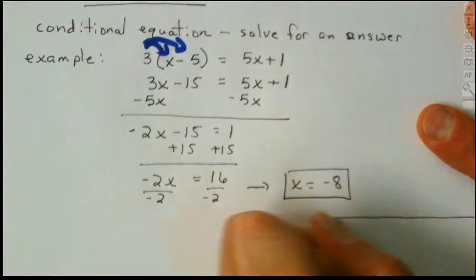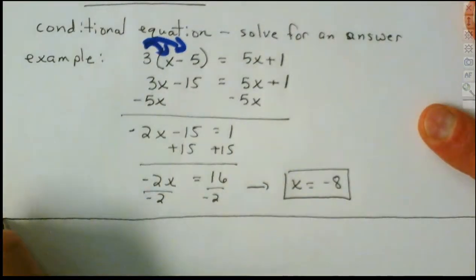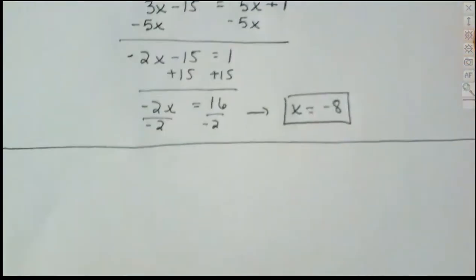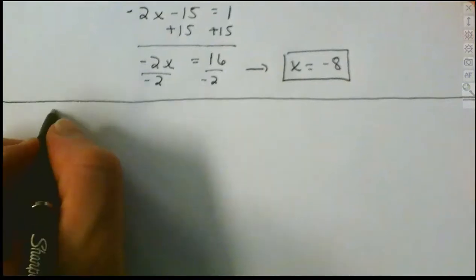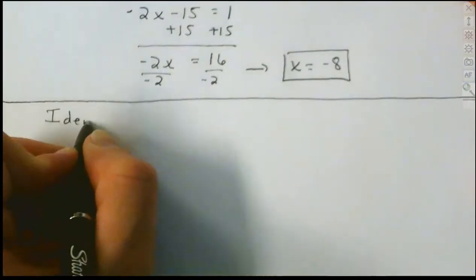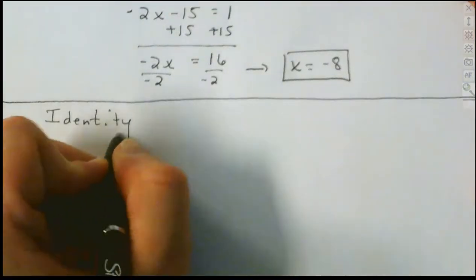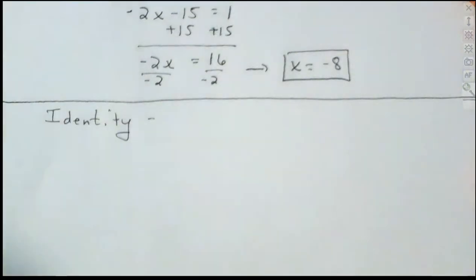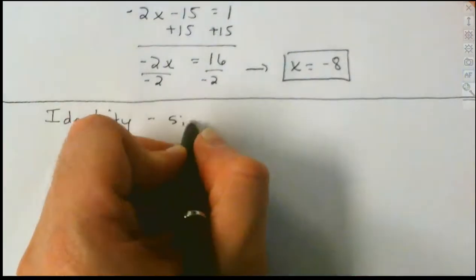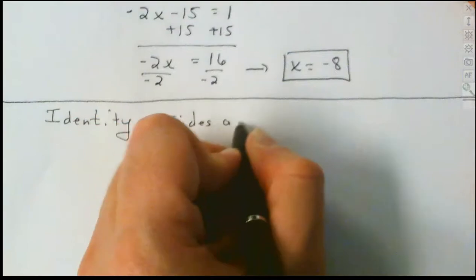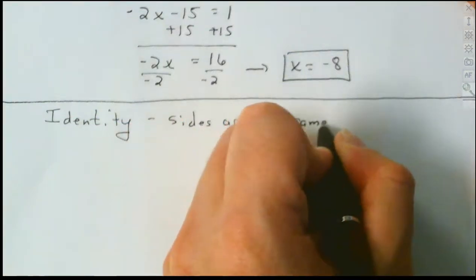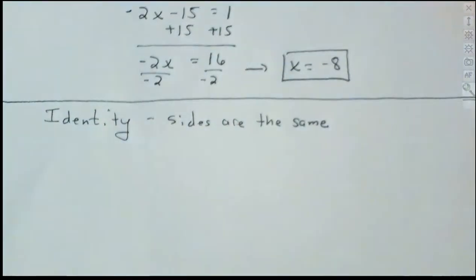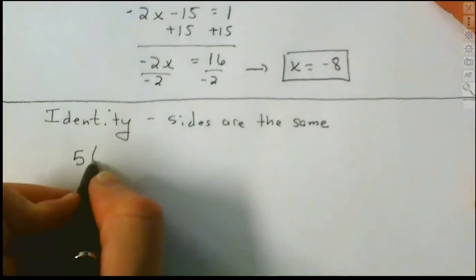There's the identity, and there's the contradiction. So the identity is when the sides are the same. So when we talk about an identity, the sides are the same. Now, they may not look the same at the very beginning, but at the end they will be.